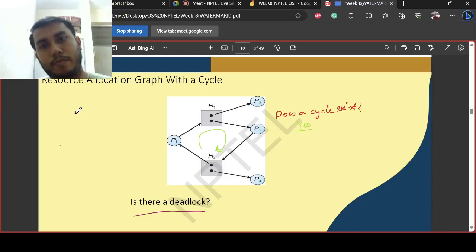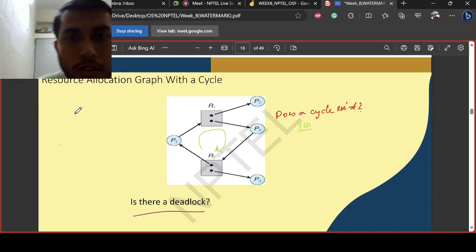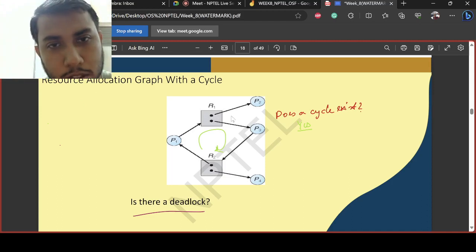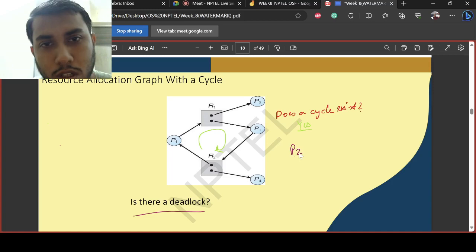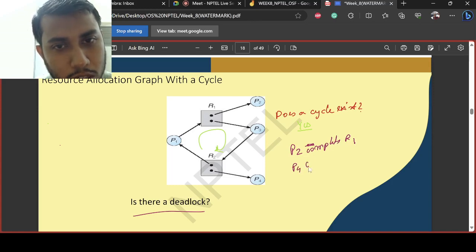So what happens? Consider this process, P2. P2 will run its course and complete R1, and P4 completes R2.